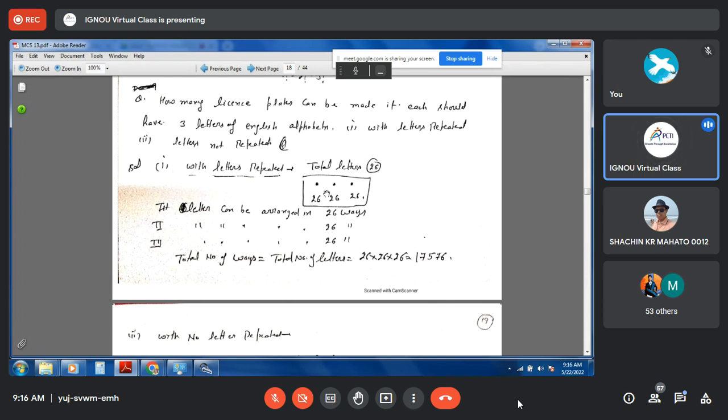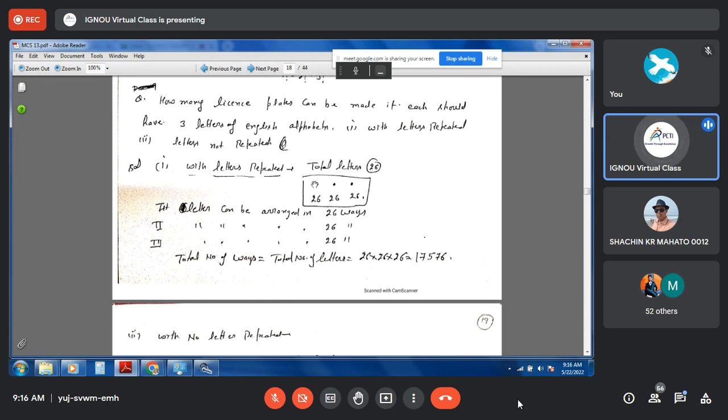So imagine the first letter. For the first letter, there are 26 English alphabets. You can put any one of them here. So you have 26 options. Similarly, for the second letter, again you have 26 options because repetition is allowed.